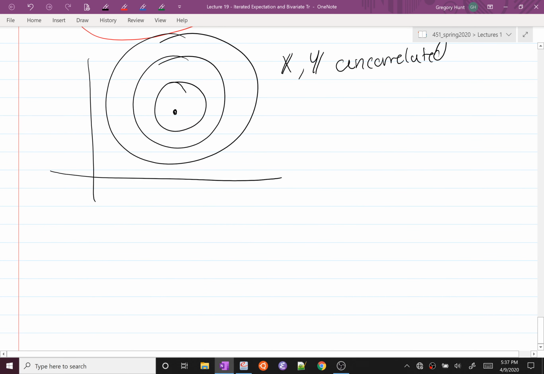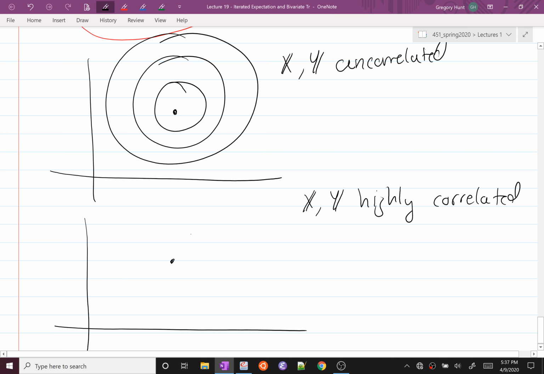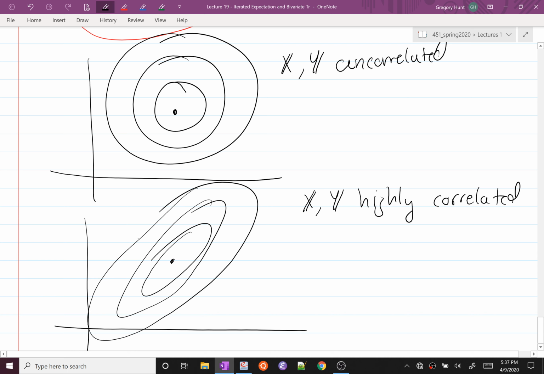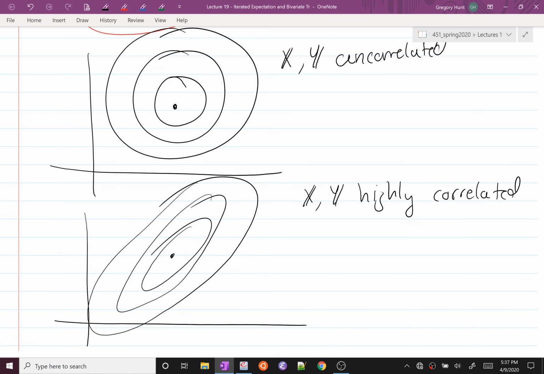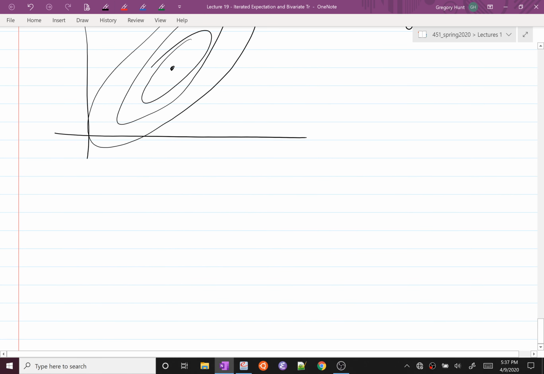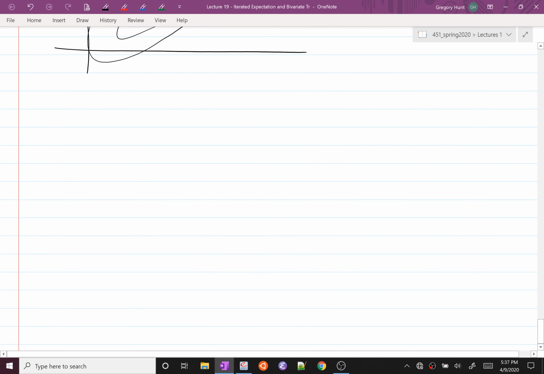And alternatively, if x and y are highly correlated, if I look at my contours, I'm going to get very elongated ellipses that will look a lot like this. It's going to tell me they're very highly correlated. So that's the intuition behind the bivariate normal. Let's look at it in more detail.